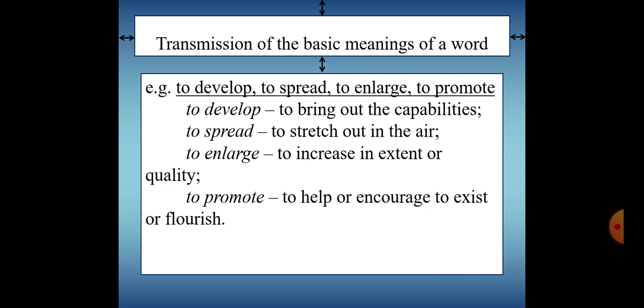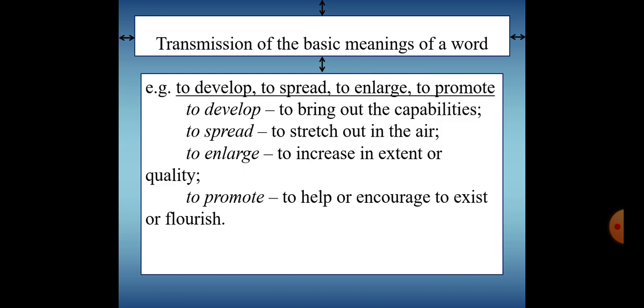Transmission of the basic meanings of a word. For example, to develop, to spread, to enlarge, to promote. To develop means to bring out the capabilities. To spread means to stretch out in the air. To enlarge means to increase the extent or quality.